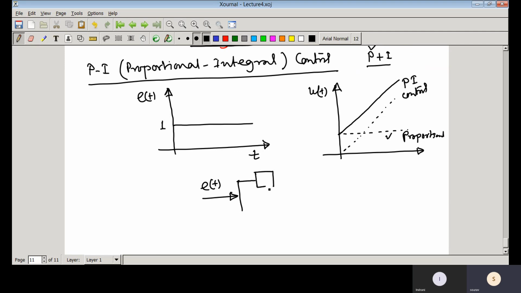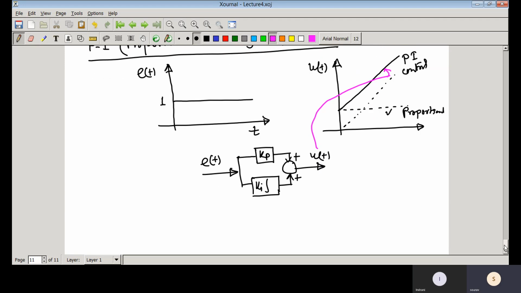One is that Kp, the proportional block, and another one is that integral block, that means that integral controller. Now if you add the effects of proportional and integral, then the effective output you will get, that is ut. So in this case, this ut is this one. So I hope it is now clear.